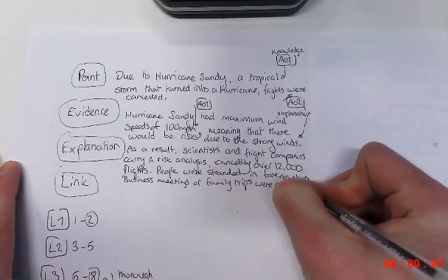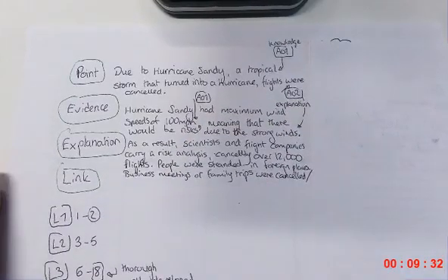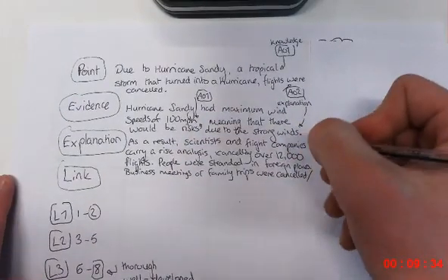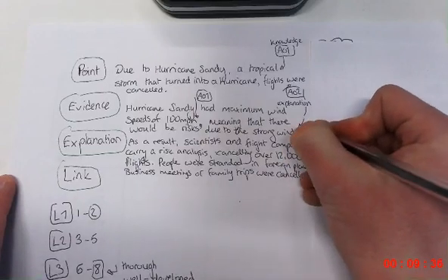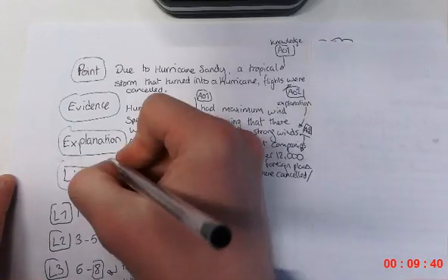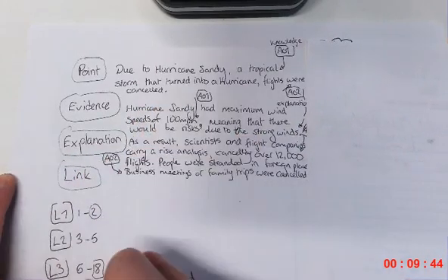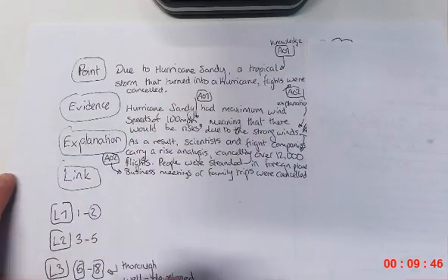Were cancelled or postponed. You could say postponed there. Postponed meaning that they would eventually happen. Again, we've got our AO1 knowledge here. And we have got more development. So really starting to get into a level 3, maybe 6 marks here.